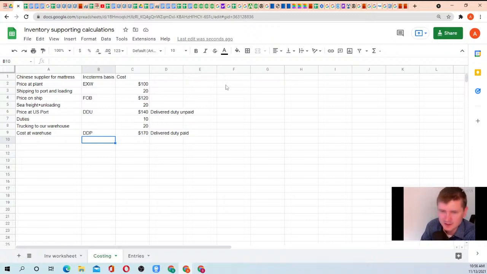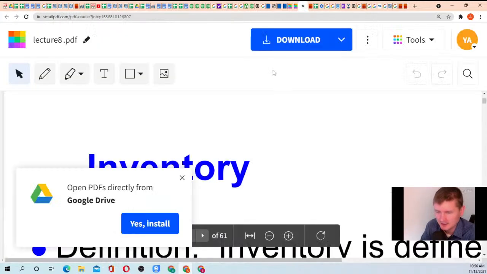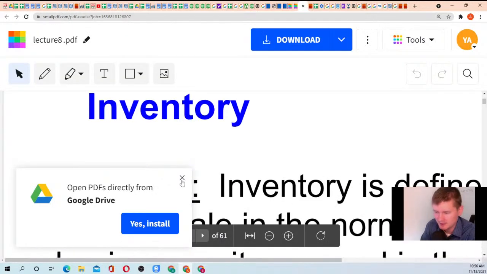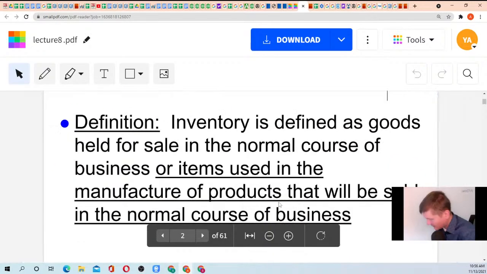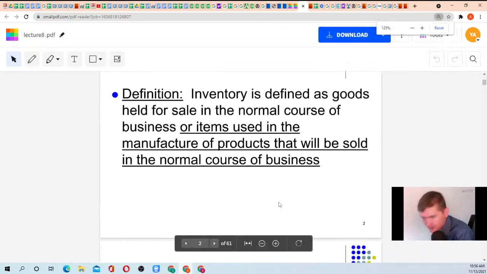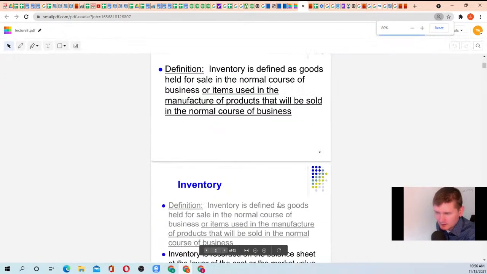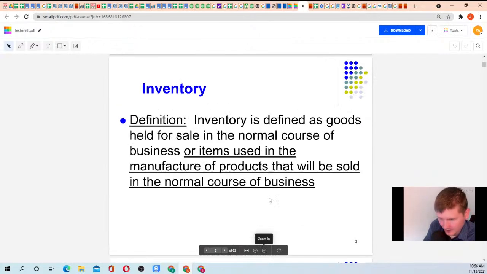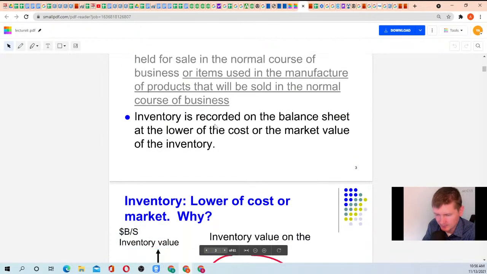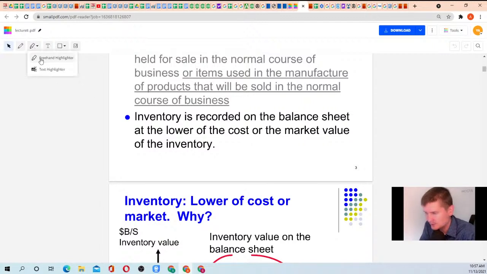Okay, that was a real life example. Let's get back to some MIT. Okay, let's see if I can make it nicer here. So we define the inventory. Inventory is recorded on the balance sheet at the lower of the cost or the market value of inventory.